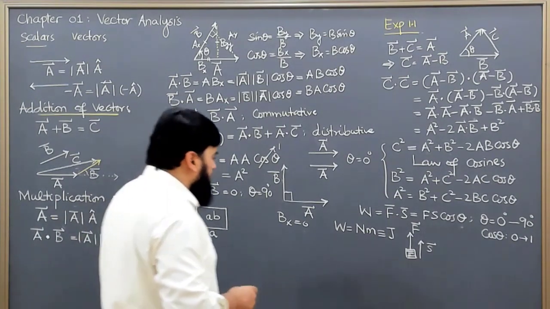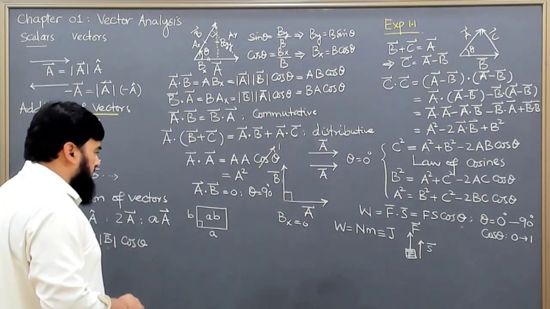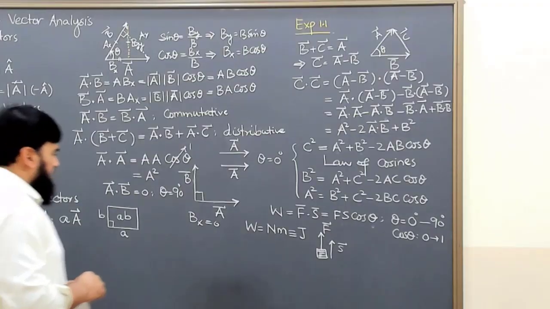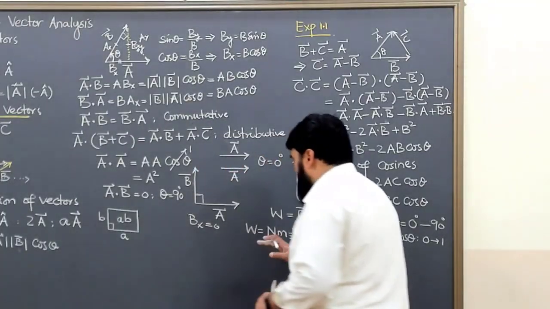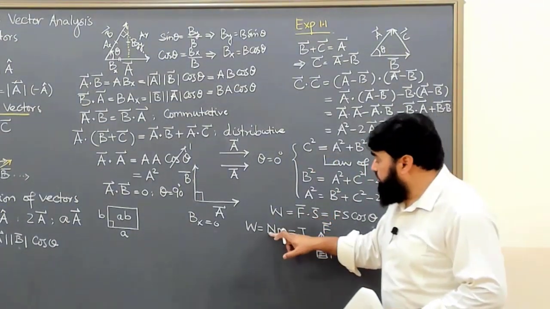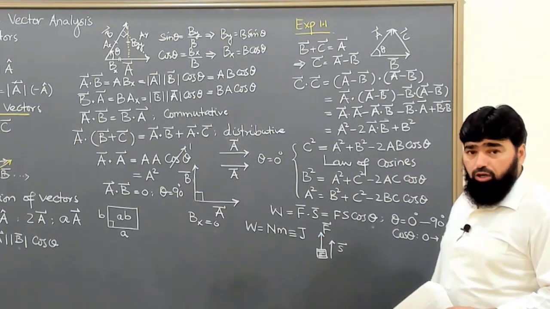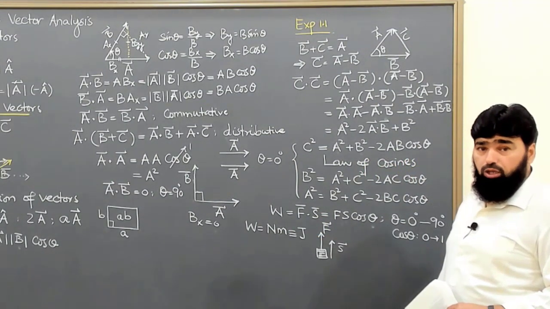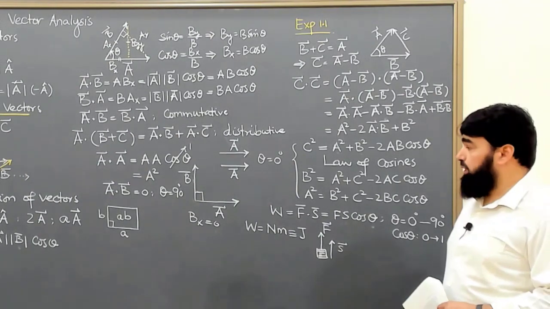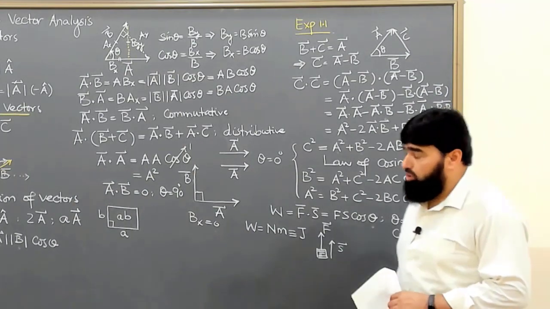But if I consider, as I will discuss in a while in the cross product, the example of torque, which is F cross S, that will also be Newton into meter. So whether we will call that one joule as well or not, we will discuss that in the case of cross product.